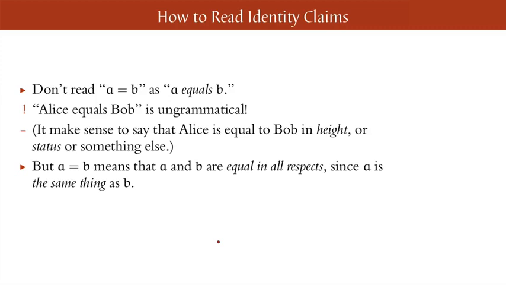But in logic, we work with models whose domains can be any and all sorts of objects in the universe, real or imagined. So we work with identity and non-identity. And identity means equal in all respects, or denoting exactly the same thing.